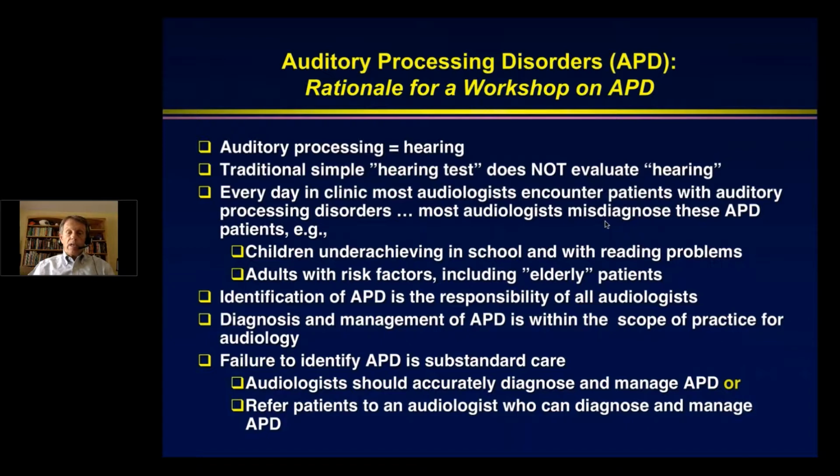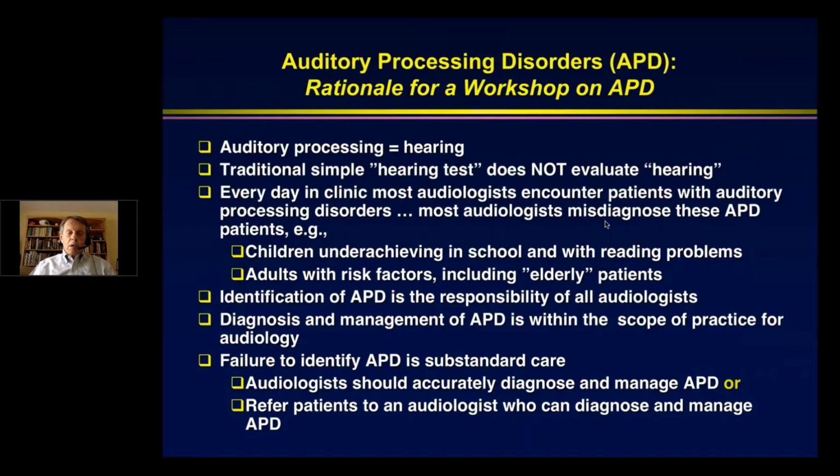And then there are other older adults who have a hearing loss and who are being managed appropriately with a hearing aid, and yet they don't do so well. They come back to the audiologist saying, this hearing aid's giving me a little help, but not much. And then they'll go on to describe the problems they're having.